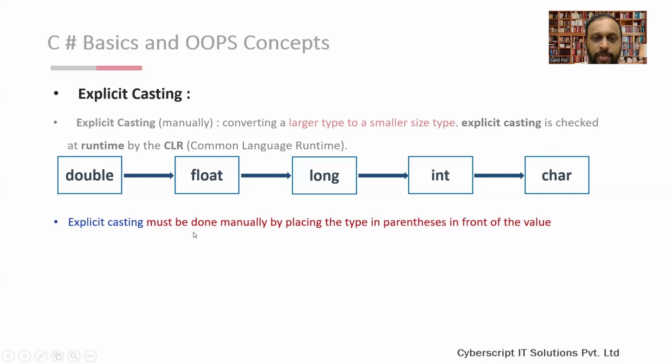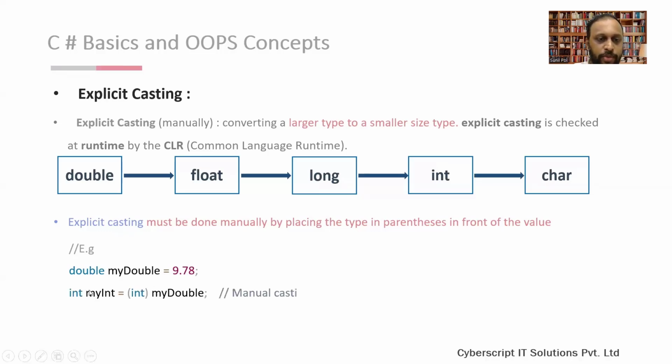Explicit casting must be done manually by placing the type in parentheses in front of the value. So here we have declared one variable of type double, that is myDouble, and the value is 9.78. And now we are trying to assign that value to an integer variable, that is myInt.